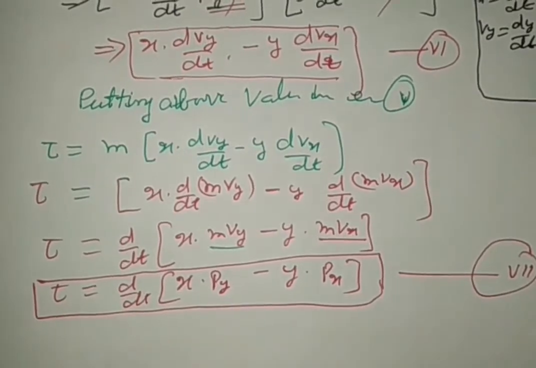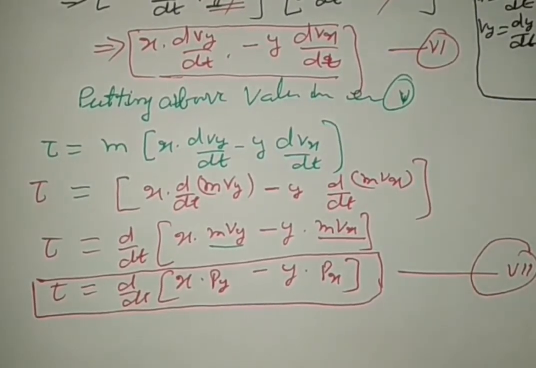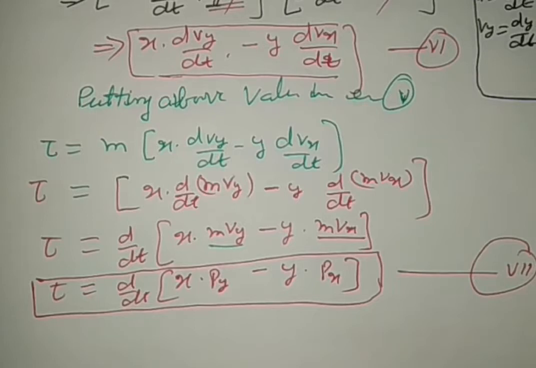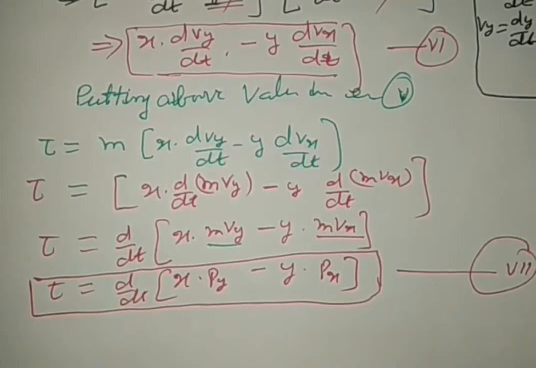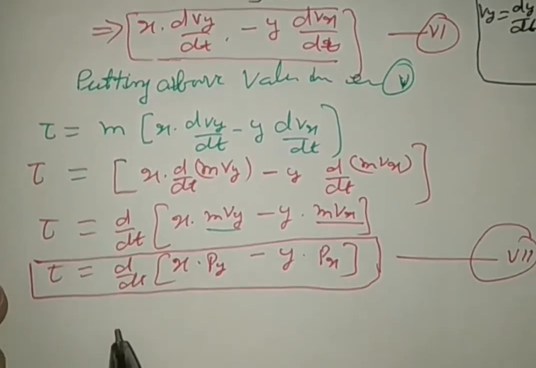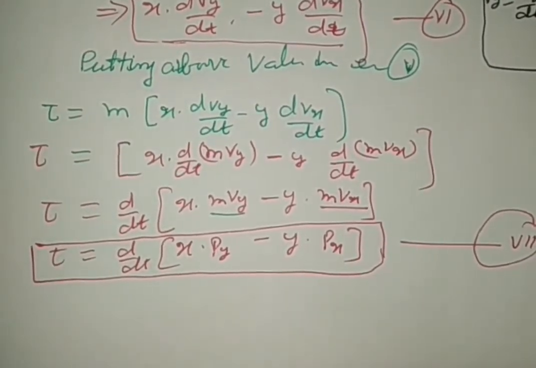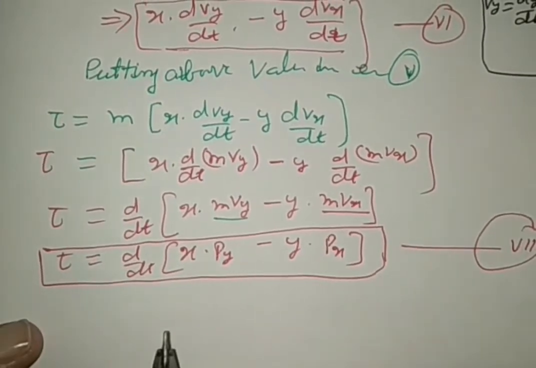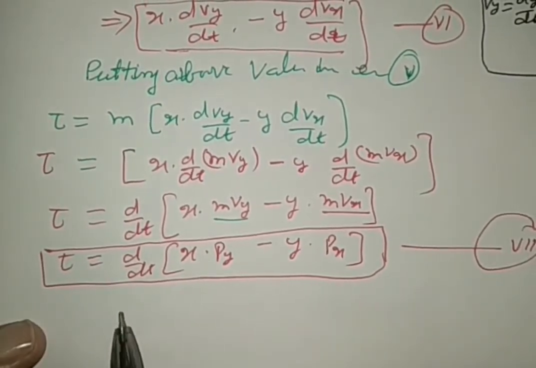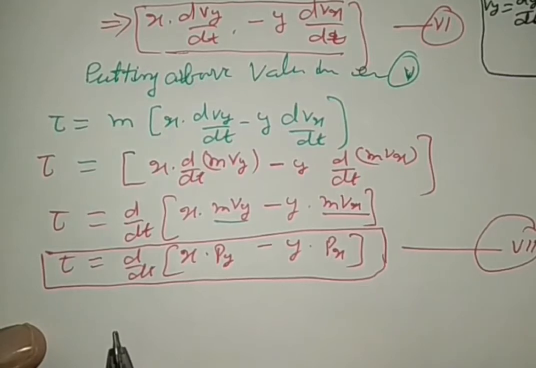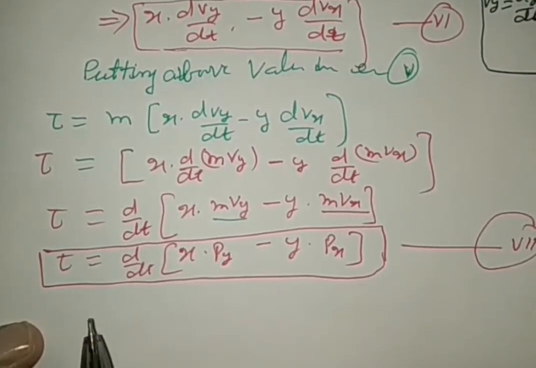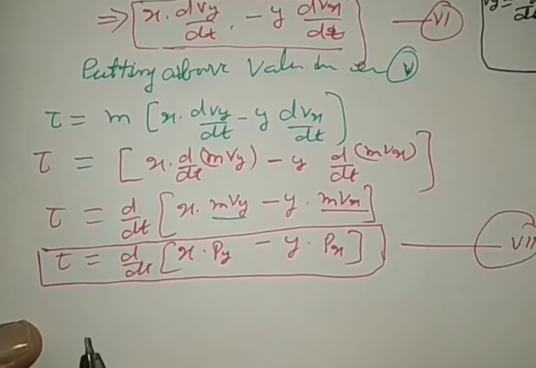See everybody very carefully. These students, see this very carefully. The explanation of the whole thing is in front of you. In the definition, when I started, I told that in linear motion, Newton's second law says force is equal to rate of change of momentum.